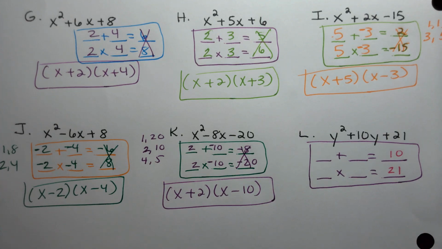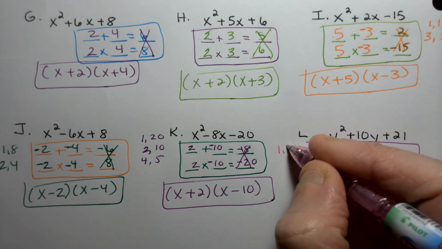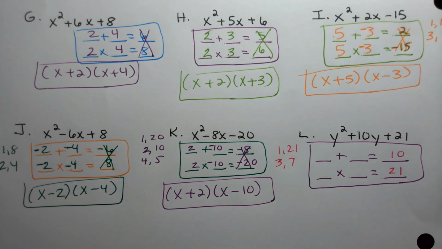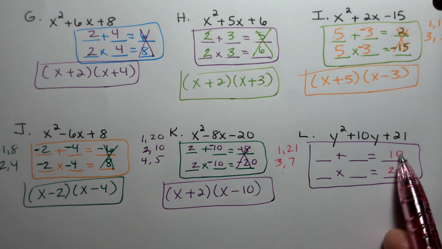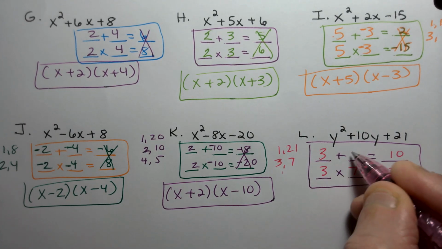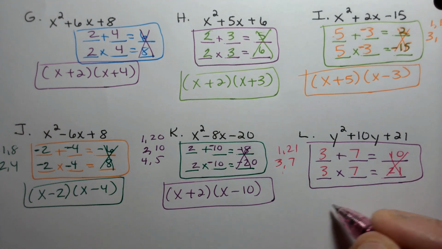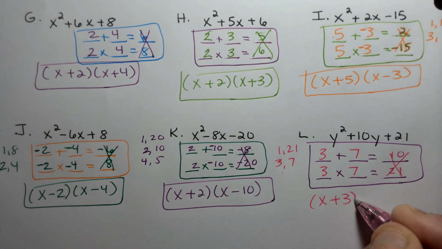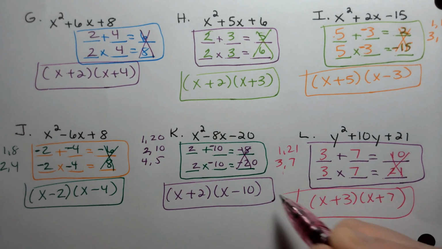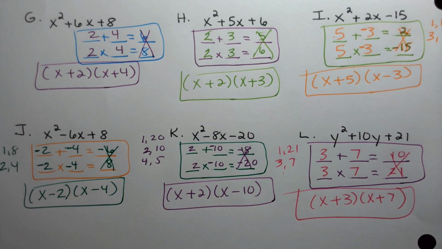Well, there's only 2 options again, right? 1 and 21, and 3 and 7. It's going to be the 3 and 7 to get 10. And there you go. The awesome, the amazing box method.